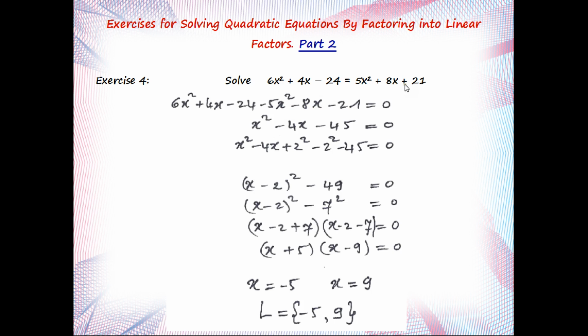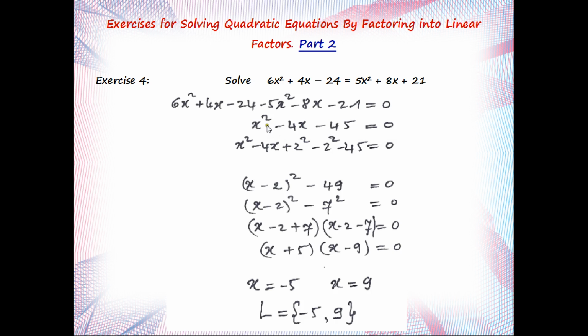Then we have 6x squared plus 4x minus 24 minus 5x squared minus 8x minus 21 equals 0. So, x squared minus 4x minus 45 equals 0.